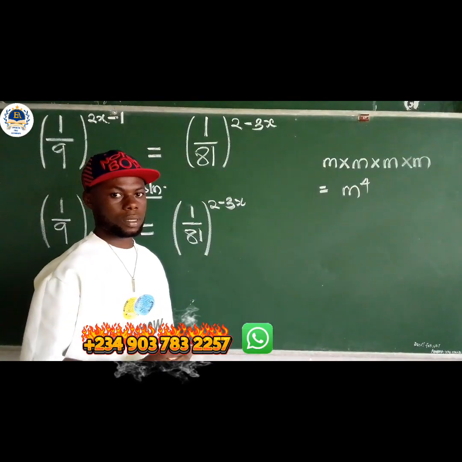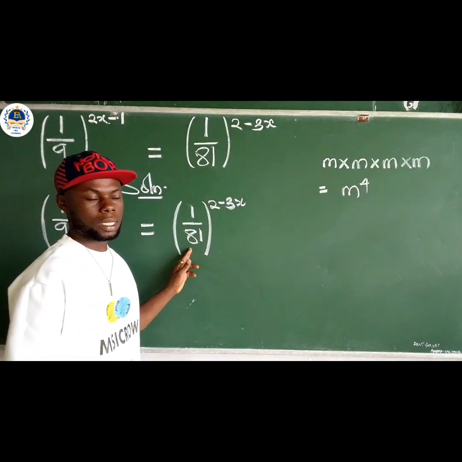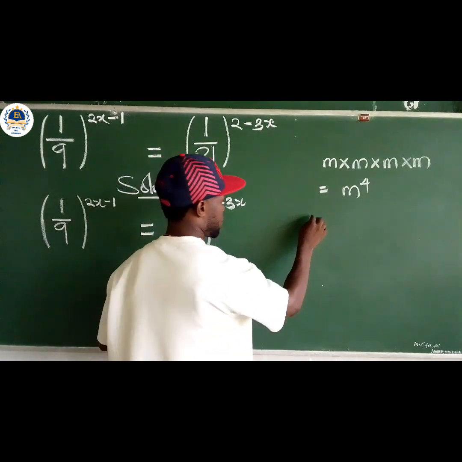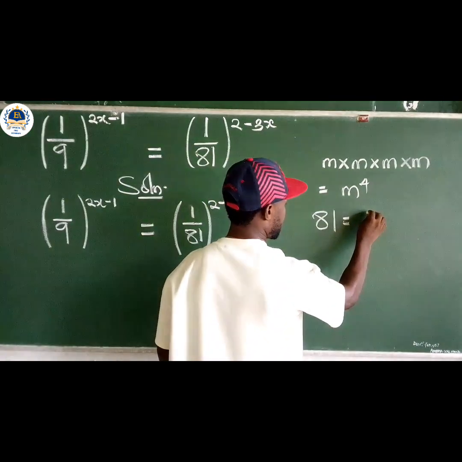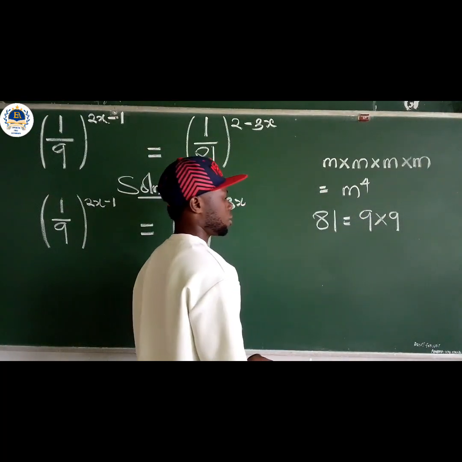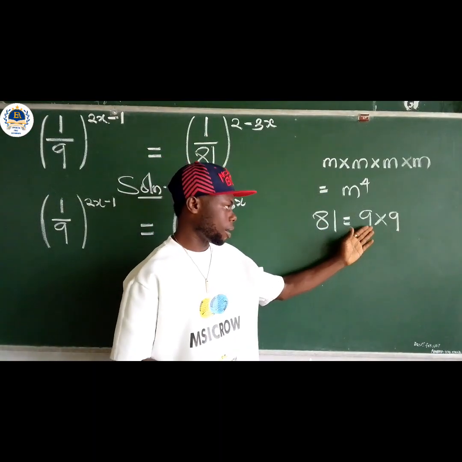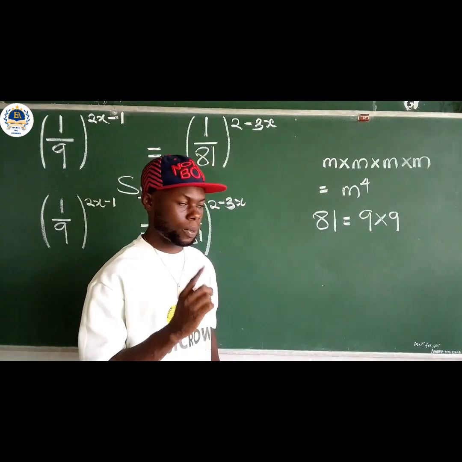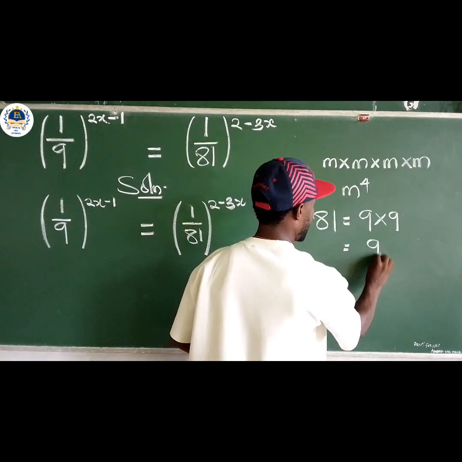We are going to bring this knowledge into this 81. 81 is the same as writing 9 times 9. Remember what we did here? Since we have 9 in this multiplication, let's pick one of the numbers. That gives 9.